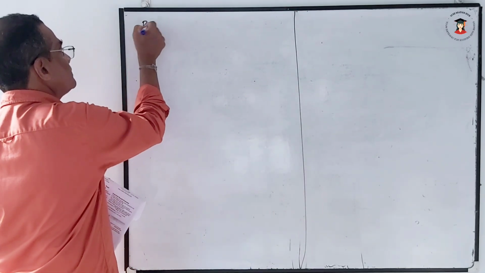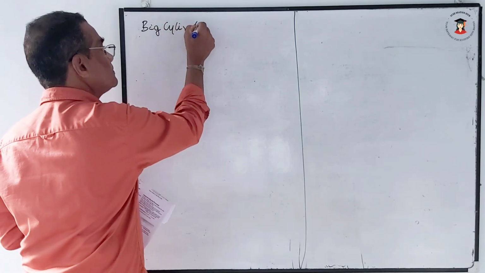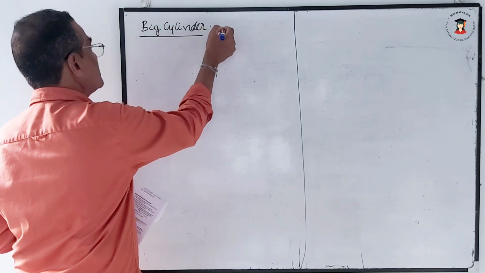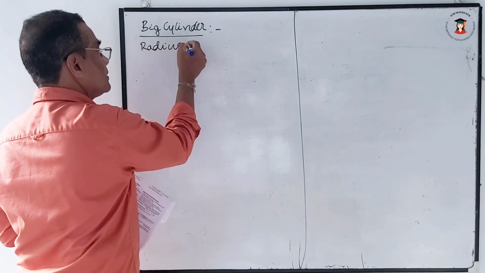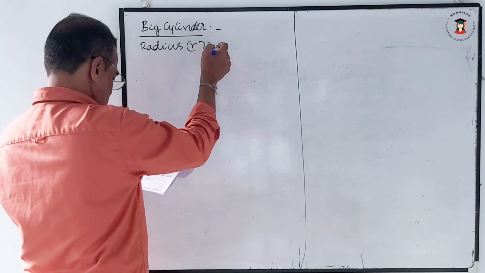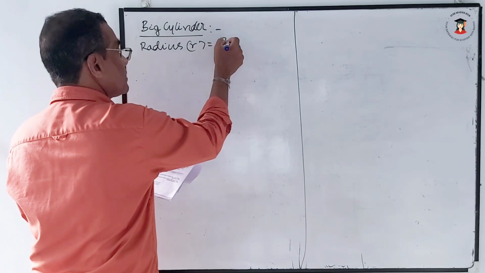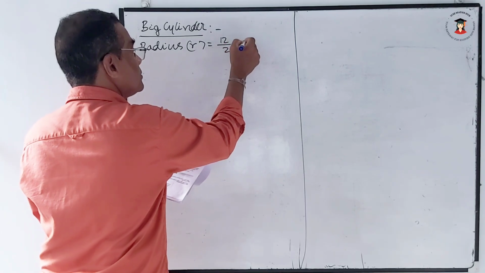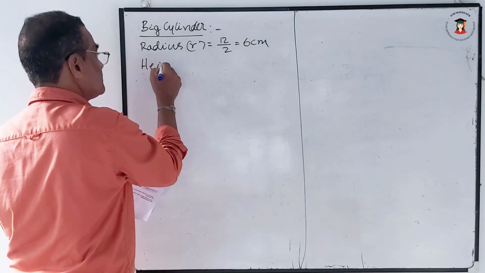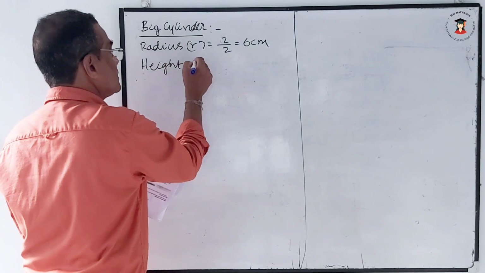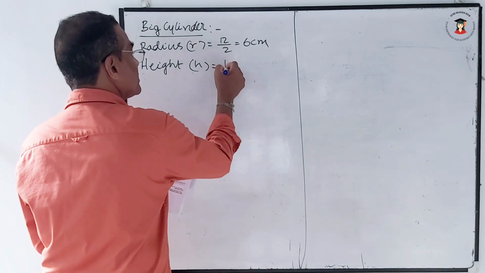Big cylinder. Radius is equal to 12 centimeter is the diameter, therefore 12 by 2 equal to 6 centimeter. Height h equal to 15 centimeter.